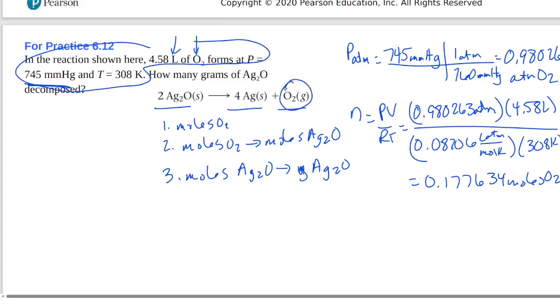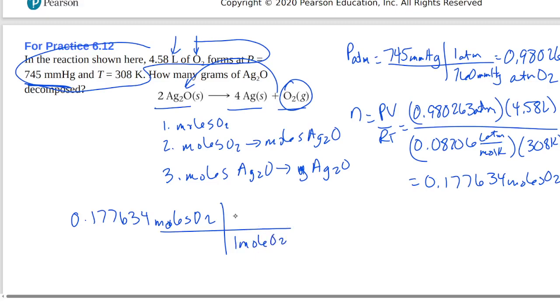Now we can use the balanced equation to convert moles of O2 to moles of silver oxide. So 0.177634 moles of O2, and we know that 1 mole of O2 comes from 2 moles of Ag2O from the balanced equation.